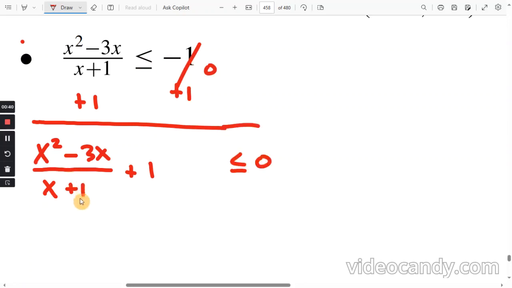All right, we need a common denominator. So our denominator is x plus 1. I'm going to multiply by x plus 1 over x plus 1. All right, so our common denominator is x plus 1.